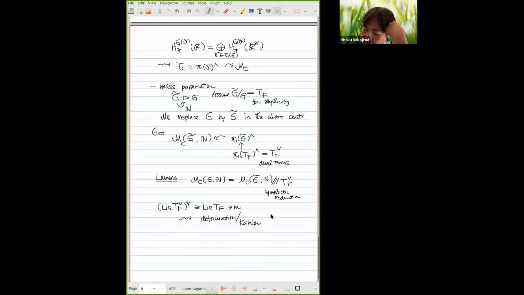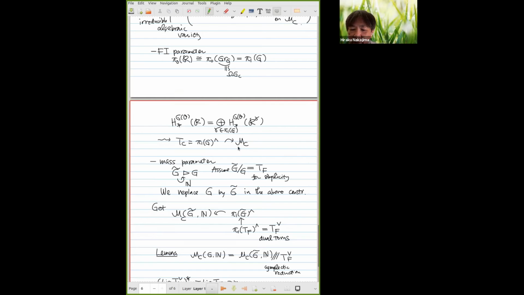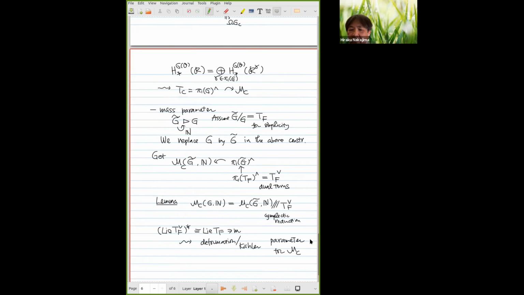So you can consider the deformation of the Kähler parameter. So again, the role of the mass parameter is exchanged for the Higgs and Coulomb branches. The FI parameter was the equivariant variable in the Coulomb branch, and the FI parameter was the deformation of the Kähler parameter in the Higgs branch. And the mass parameter was the equivariant variable for the Higgs branch, and it is the deformation of the Kähler parameter for the Coulomb branch.